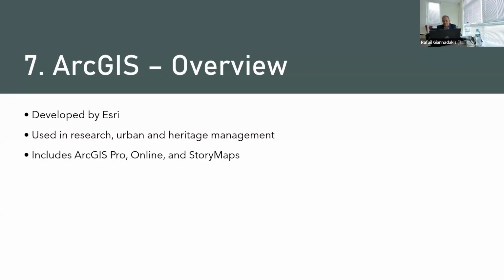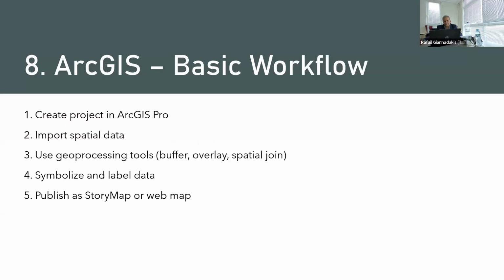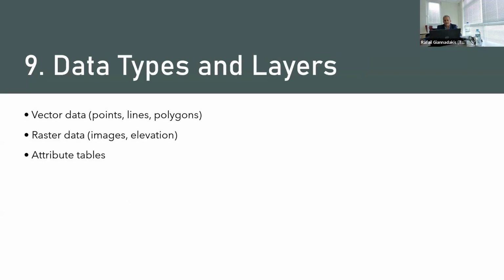ArcGIS was the first program of GIS, and they developed it in cooperation with military use. It's about the same workflow. We also make projects, import data, and so on.